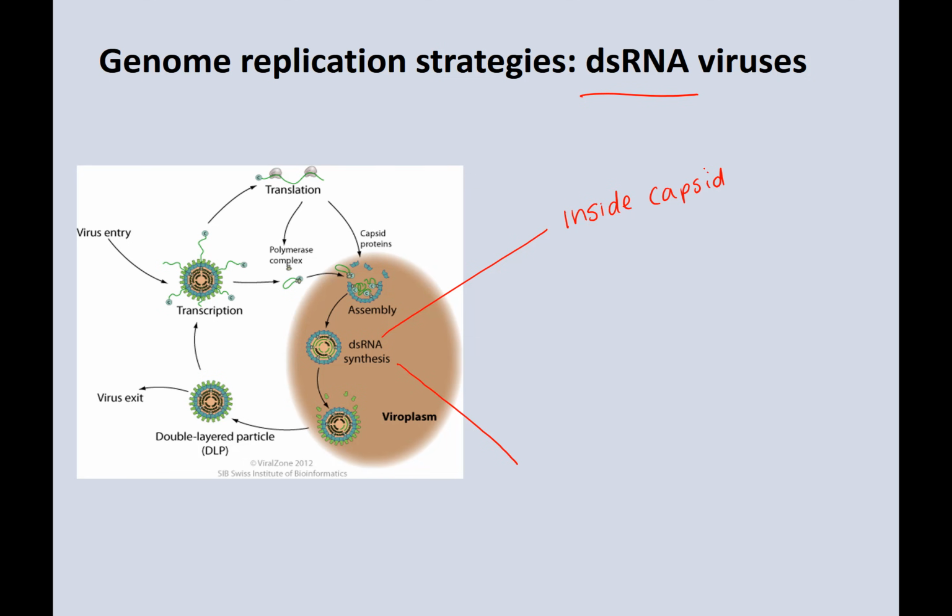So what's really interesting is here's the virus, it comes into the cell. It's got double-stranded RNA inside, and it has an RDRP. And what that RDRP does is it makes positive stranded RNA.